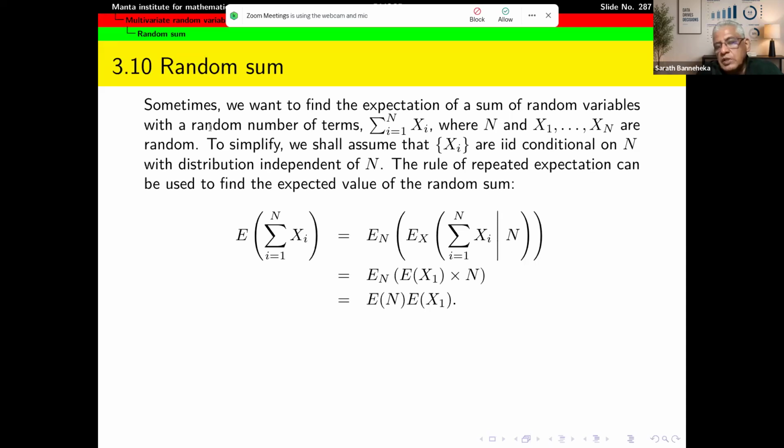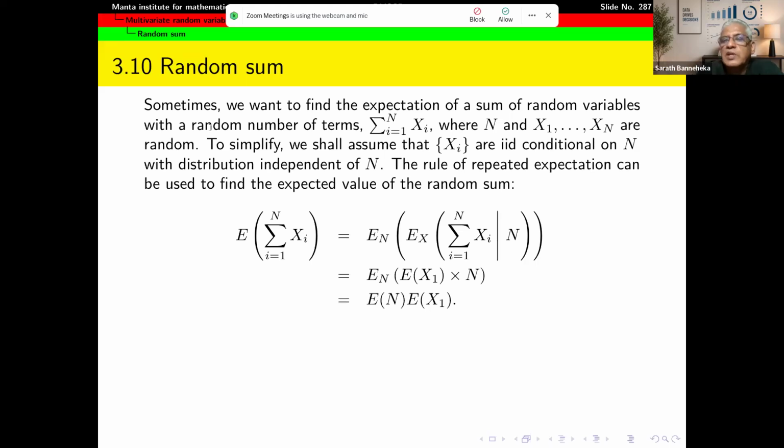So in this discussion, we are going to assume that X1, X2, X3 up to X capital N are all independent and identically distributed, which is not necessary in a general problem, but for simplification we will start with that situation.